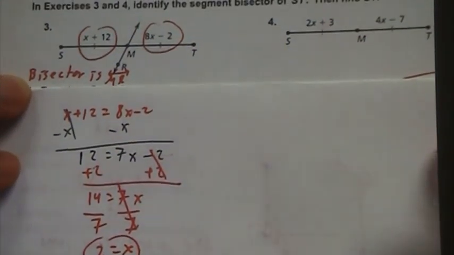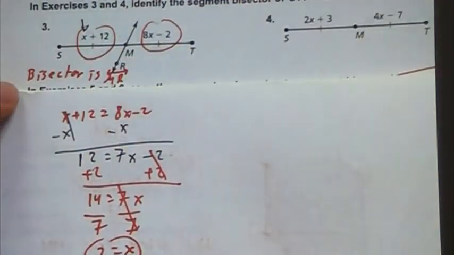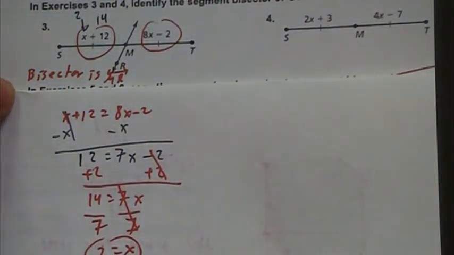Am I done? Not quite. It says find out how big ST is. So I'm going to take my 2, I'm going to plug it in, I'll substitute that value in, and now I have 2 plus 12. Well, how big is 2 plus 12? 14. Is 14 my answer?